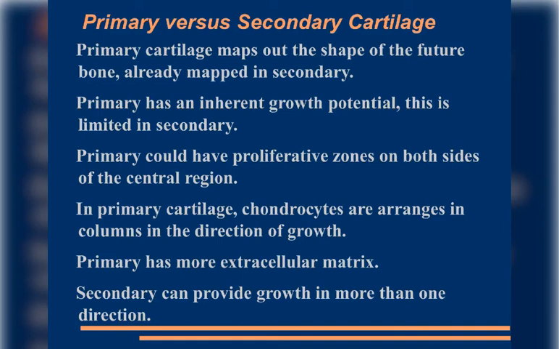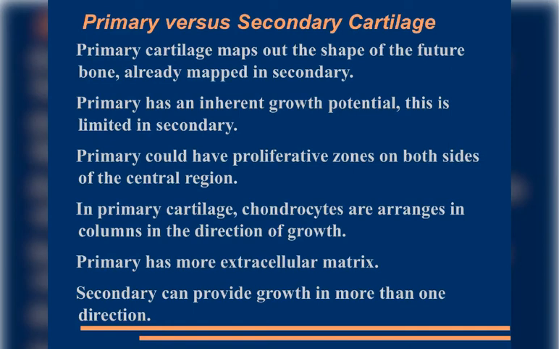In primary cartilage, chondrocytes are arranged in columns in the direction of growth, while in secondary cartilages we do not have arrangement in columns. Primary has more extracellular matrix.